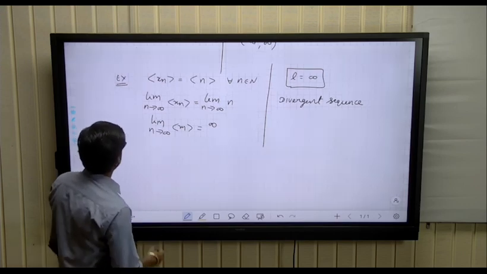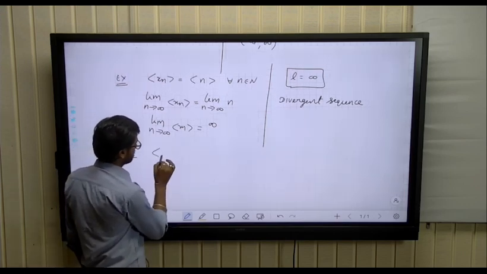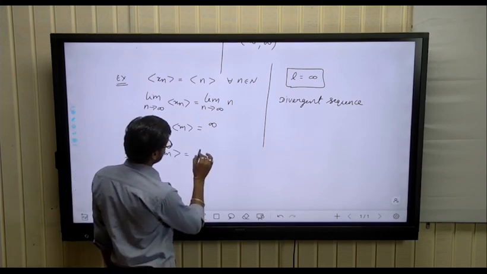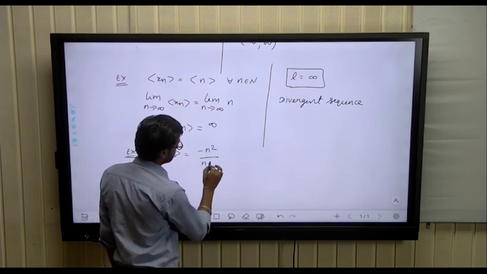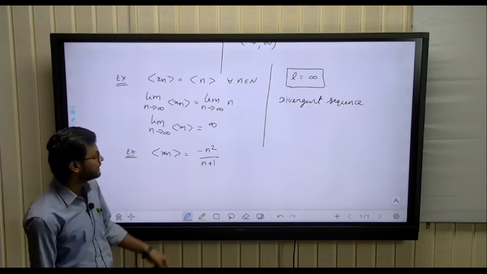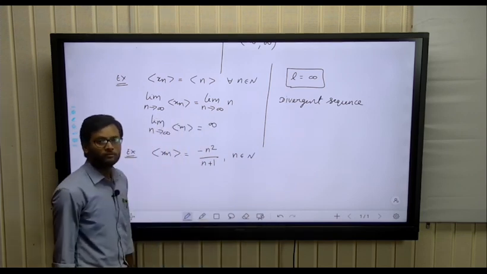Now, I give the second example. Suppose that a sequence xn is equal to minus n square upon n plus 1, where n comes from the natural numbers.